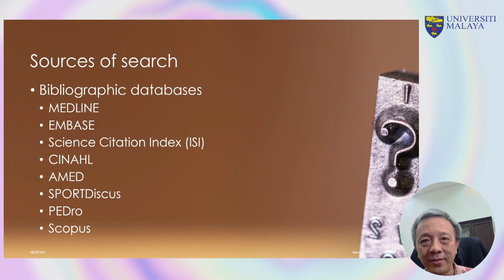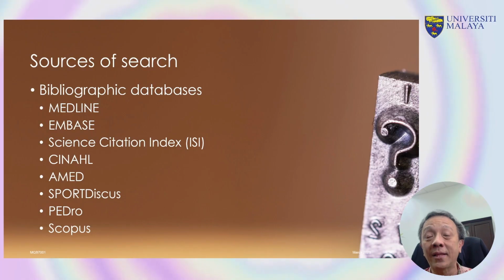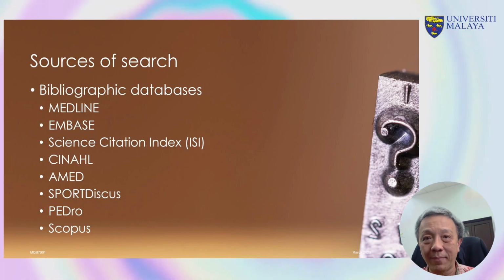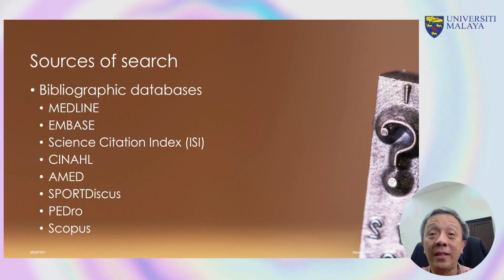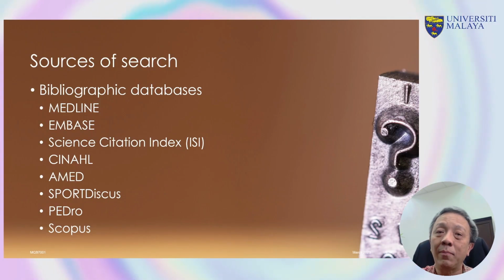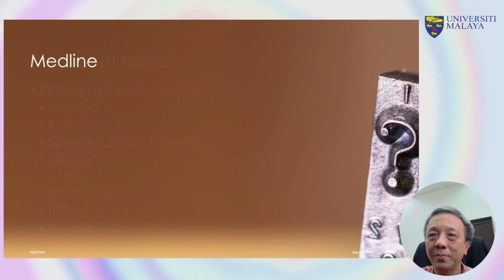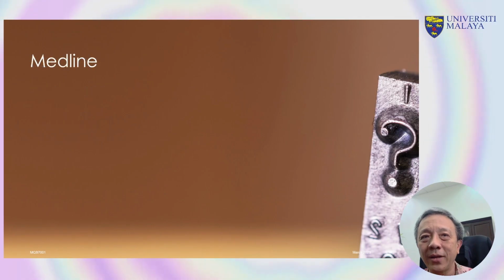All those are different databases where they index the journal papers. When you say indexed paper, it is indexed in a database. There are many different ways to index it, and one thing is important: it must be an indexed paper. MEDLINE, let's just look at MEDLINE.